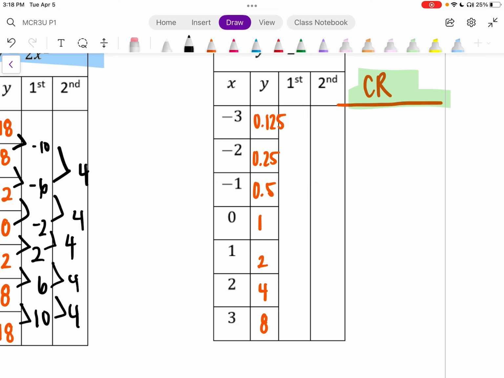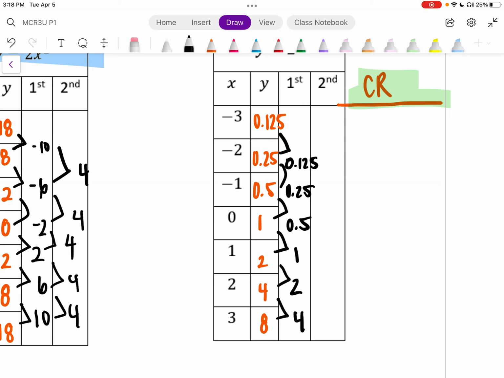Then I'm going to find the first differences. So it's going to be 0.125, 0.25, 0.5, 2 minus 1 is 1, 4 minus 2 is 2, 8 minus 4 is 4.